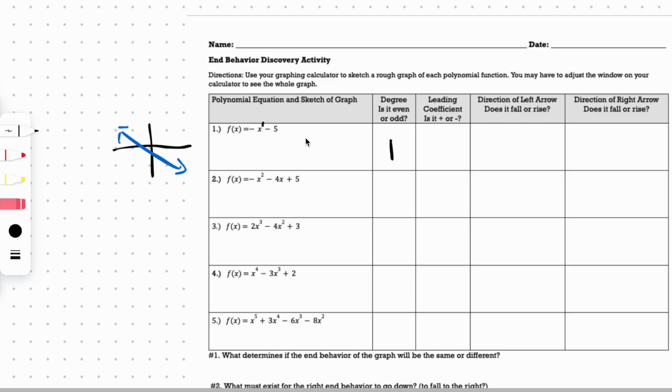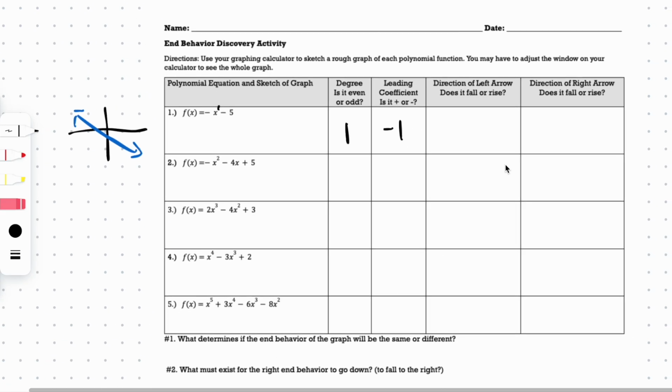And the leading coefficient means on that same term, what are we multiplying that x to whatever power by? So in this case, we have a negative sign out front. So that means we're multiplying by negative 1. And so we notice it's a negative number.